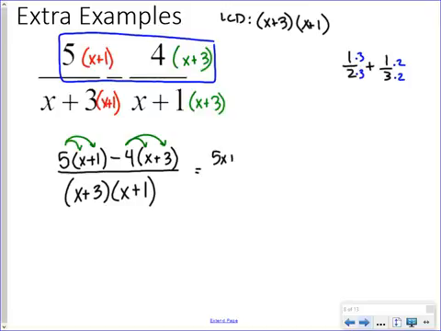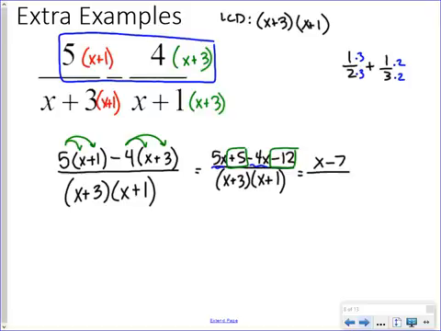So we have 5x plus 5 minus 4x minus 12 all over x plus 3, x plus 1. Combine the like terms. I've got 5x minus 4x, so that's 1x. And I have plus 5 minus 12, so that's going to give me a -7, all over x plus 3 times x plus 1. X minus 7 is an entirely different factor than x plus 3, x plus 1. It doesn't factor at all, so this is my final answer.